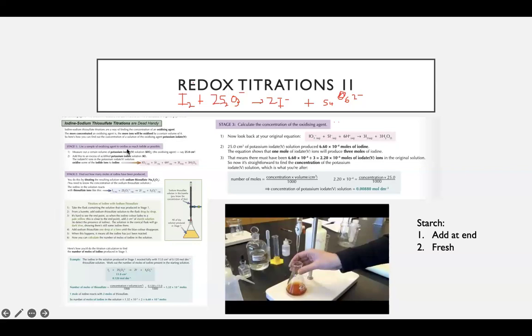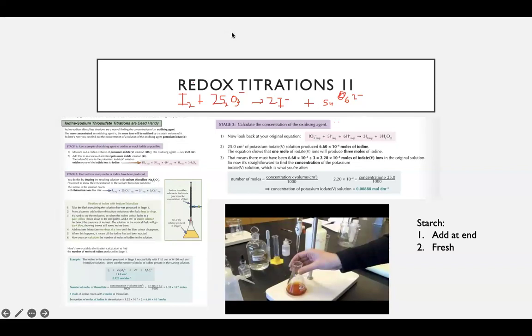The oxidizing agent that CGP have used here is potassium iodate, the IO3 minus, and you're using iodide to produce iodine so that you can work out how much potassium iodate you have. That sounds confusing, but I'll explain it as we go along. So you've produced iodine now, and now you do the iodine-thiosulfate titration using this equation over here.